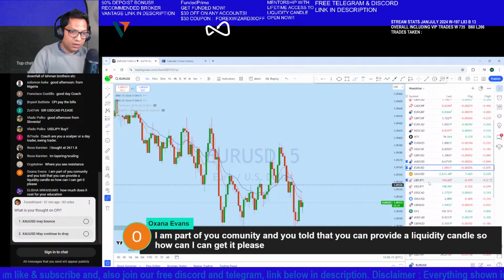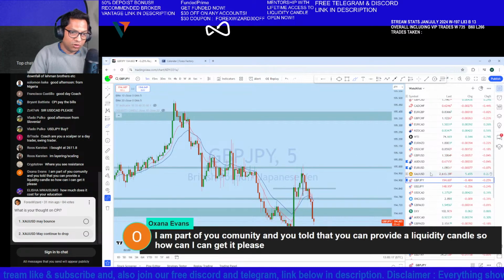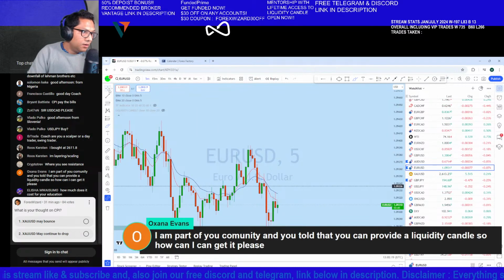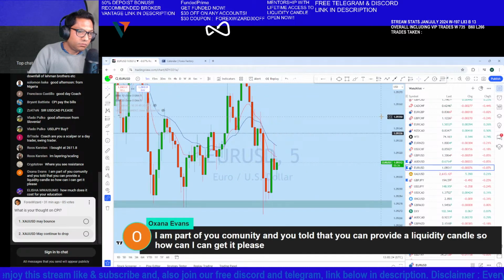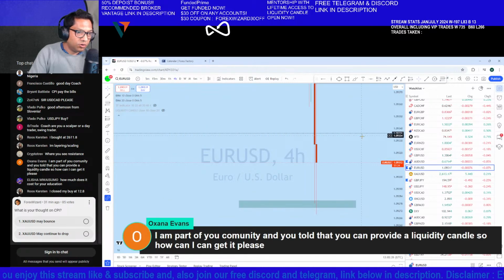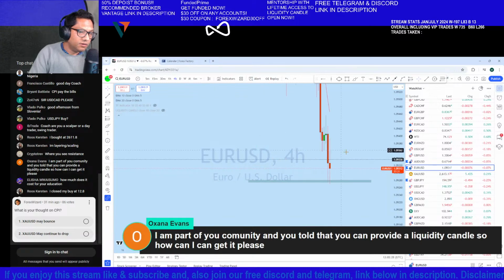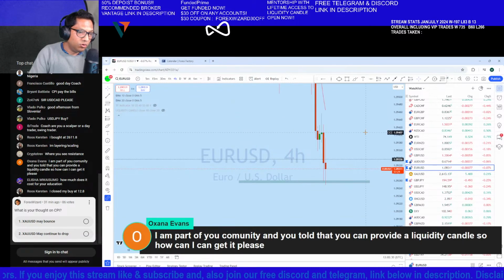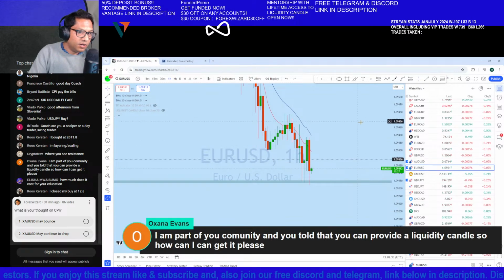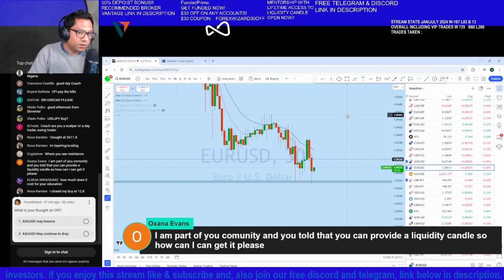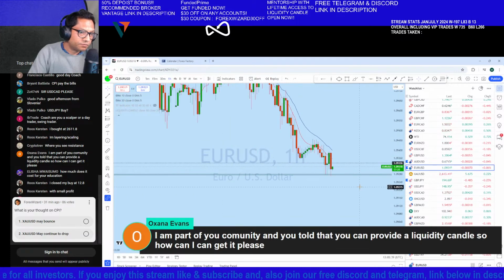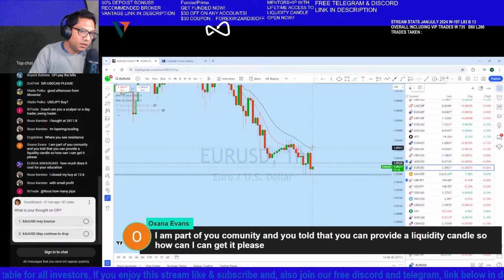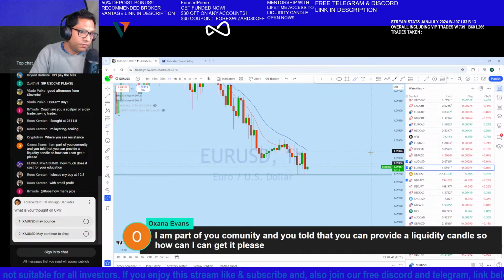Let's see how GBP JPY and Euro dollar are doing. Looking at Euro USD, looking at the 4-hour time frame here, and on the lower time frame on Euro USD, looking at the 30 minutes perspective and 1-hour chart, this is a strong bearish move on Euro dollar.